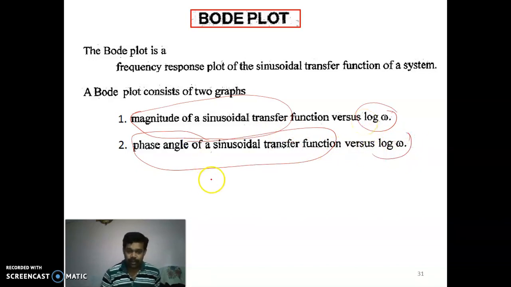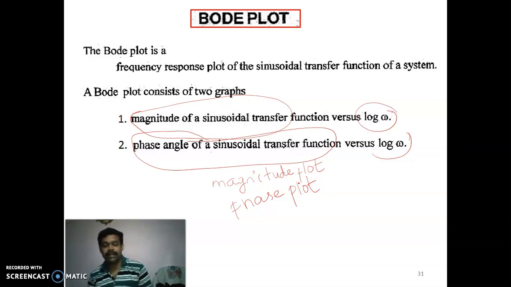So there are two plots available. One is the magnitude plot and the second is the phase plot. The magnitude plot is the magnitude of the transfer function versus log omega.